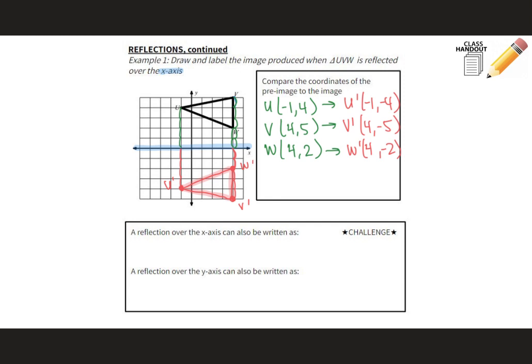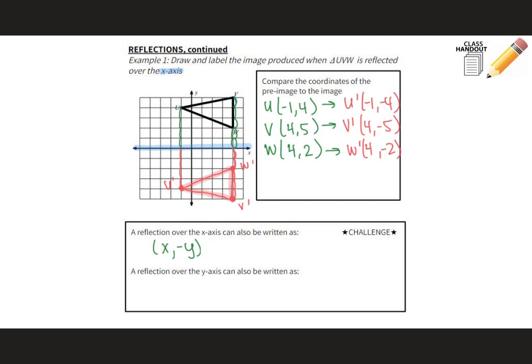So in coordinate notation, x stays the same, but the y coordinates are all opposites. 4 became -4, 5 became -5, 2 became -2, which means we can express that as -y. So the reflection can be written as (x, -y). And that should make sense because we reflected it down.